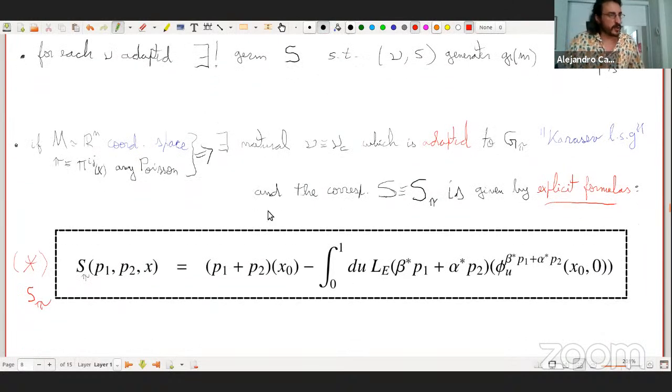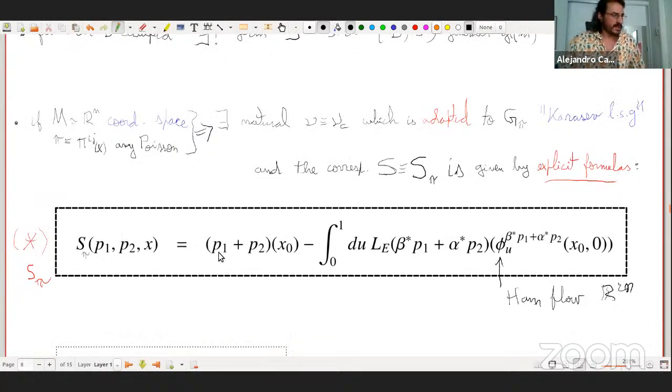The idea is not for you to absorb all the complexity, but let me mention just a couple of things. For example, what is this? This is an Euler vector field that rescales the P1 and P2. Alpha and beta are maps that I'm going to define right now. And this is a Hamiltonian flow in R2N with respect to the canonical symplectic structure.